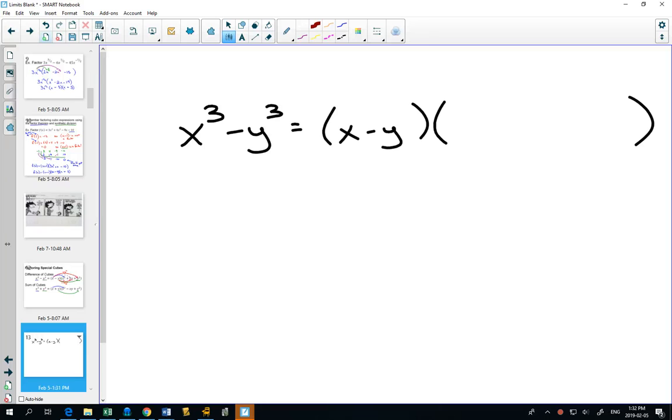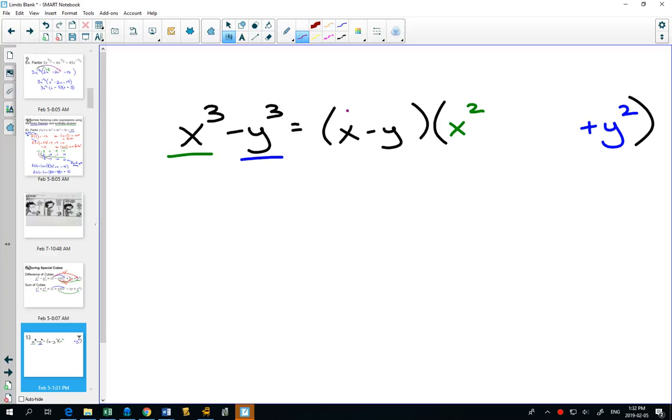And if I wanted to get an x cubed first, I would need an x squared there. And if I wanted a negative y cubed here, I would need a positive y squared there.